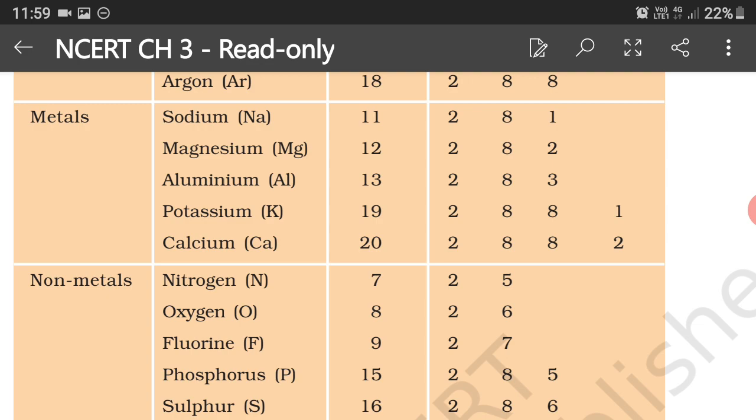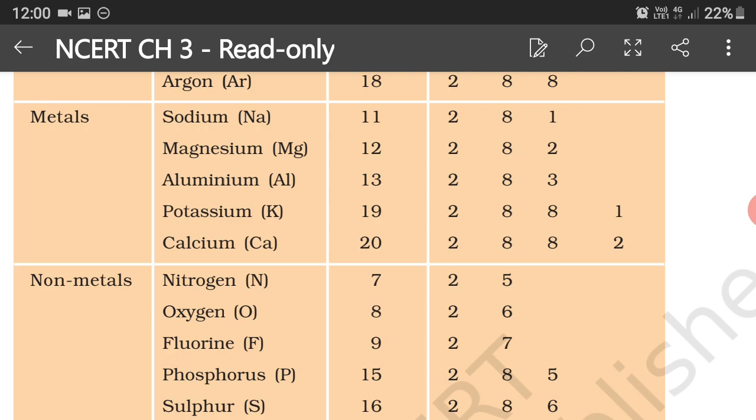Sulfur has 6 electrons in its outermost shell, and the valency will be 8 minus 6 equals 2. So we calculate valency by subtracting if we have valence electrons 5, 6, 7, 8. If valence electrons are 1, 2, 3, then the valency remains the same, that is 1, 2, 3 only.